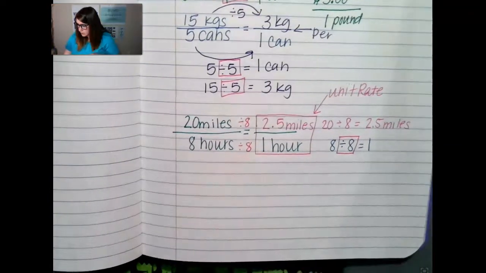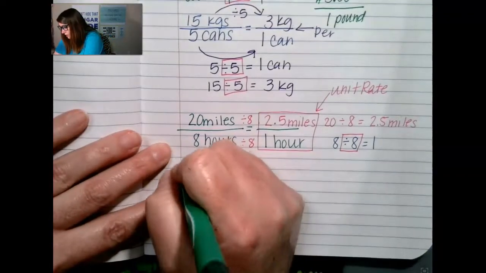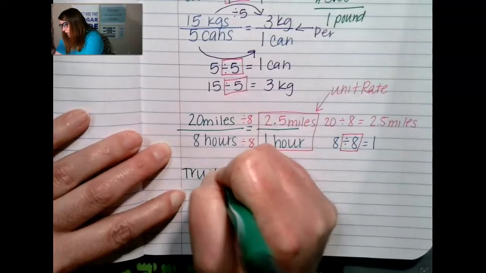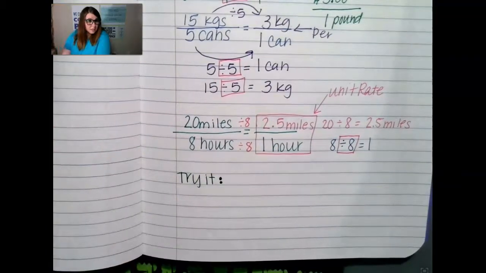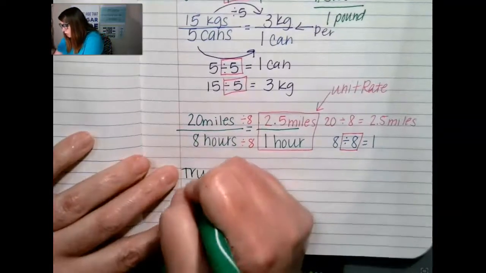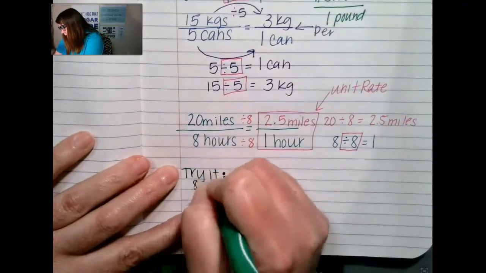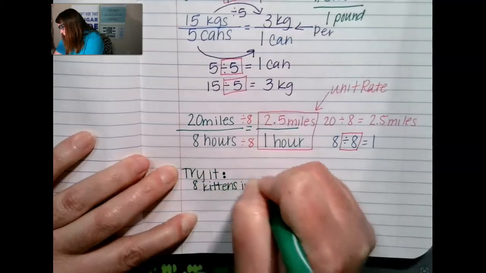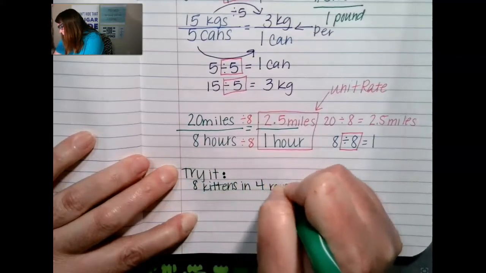Okay, it's your turn to do a try it. I want you to find where it's for 1, the unit rate. So find me the unit rate of 8 kittens in 4 rooms. So we have 8 kittens in 4 rooms.